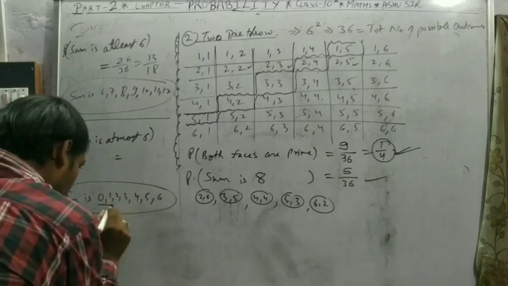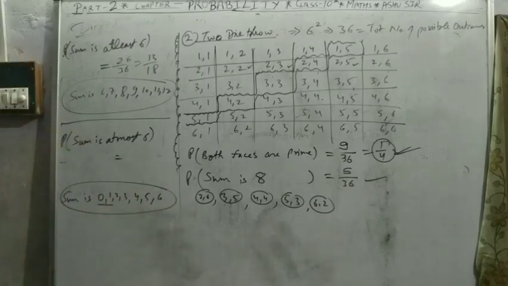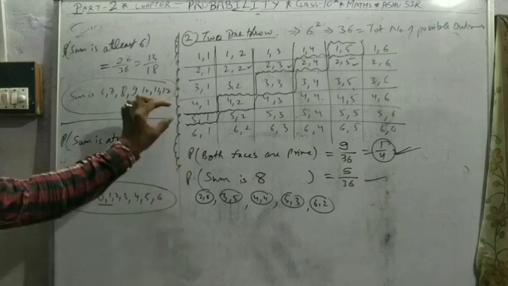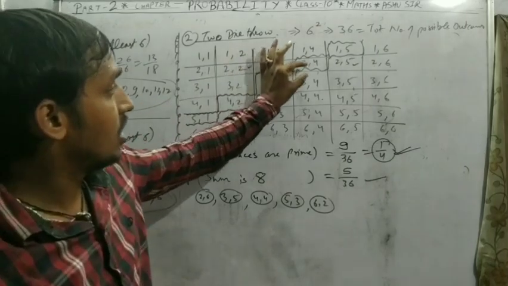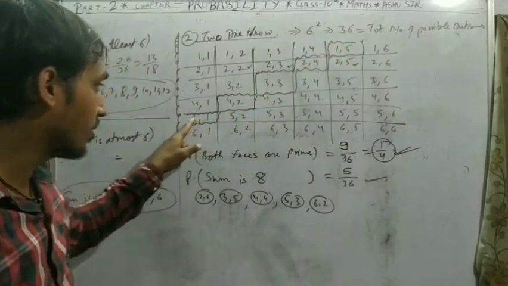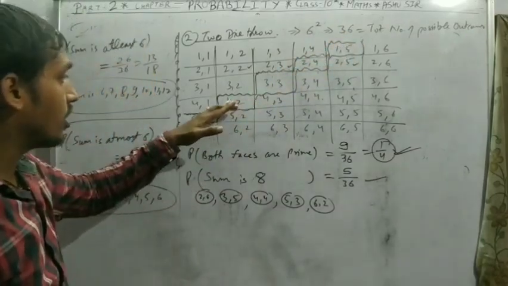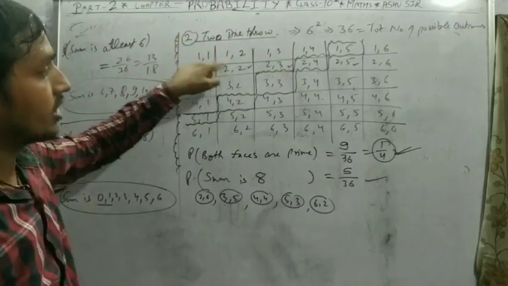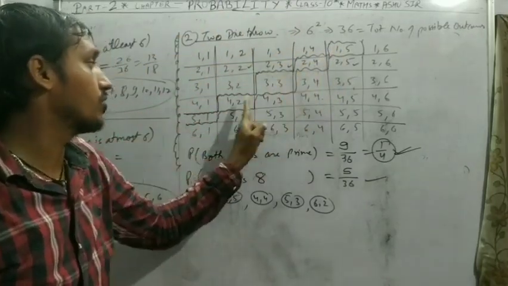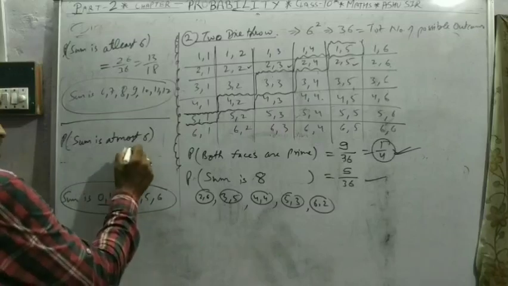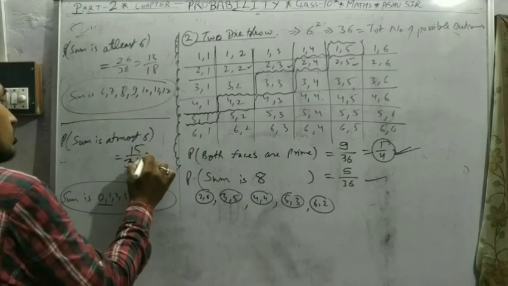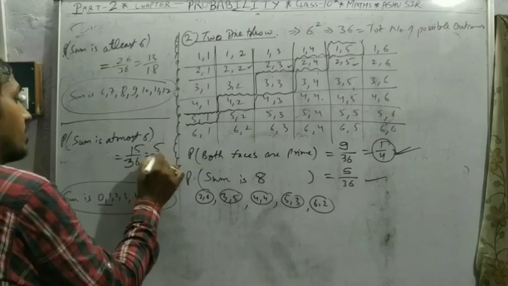Now 0 and 1 are not possible in throwing 2 dice, so we take 2, 3, 4, 5, 6. So this line is the division by the sum 6. So this number and including all the numbers above. So that is the 10 numbers, 11, 12, 13, 14, 15. 15 by 36. So we get 5 by 12.